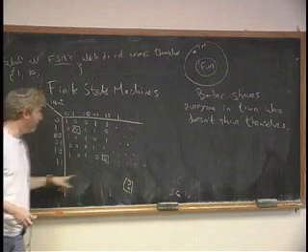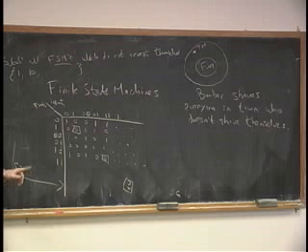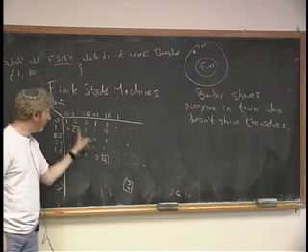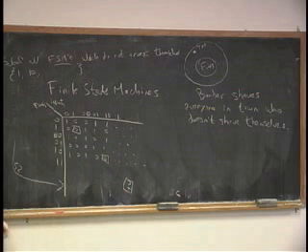But if it accepts itself, if it's really in this set, it's not supposed to be in the set. And if it's not in the set, it's supposed to be in the set. Let's see. The things in the set are all the things with zeros down here. Right?